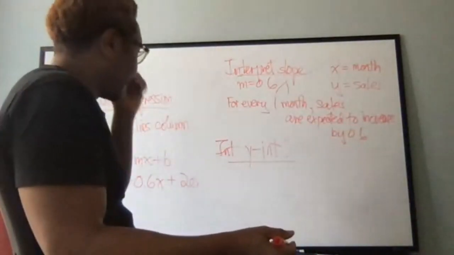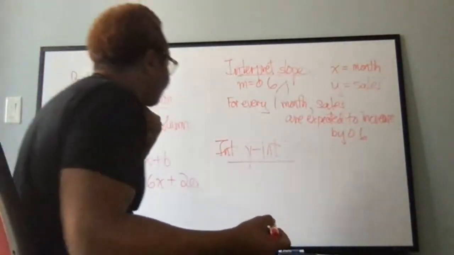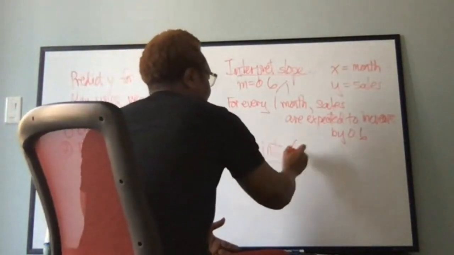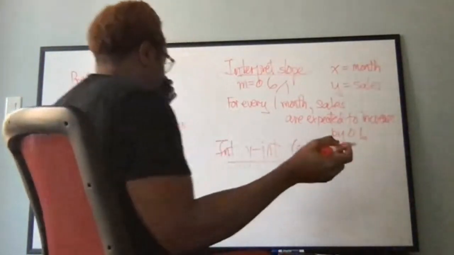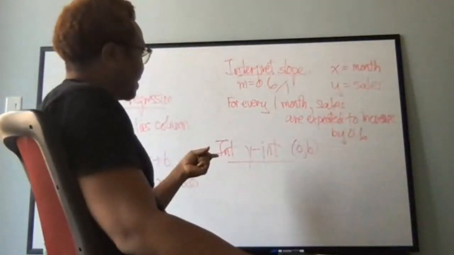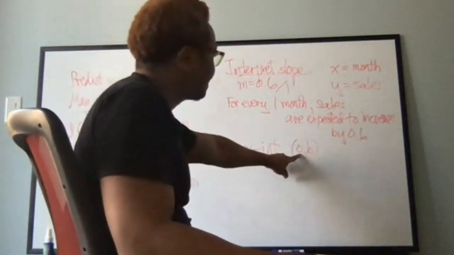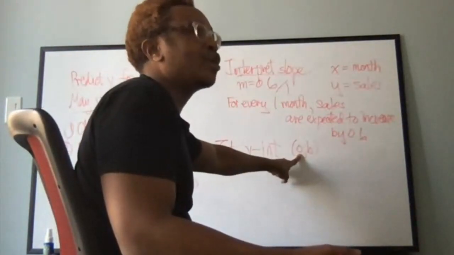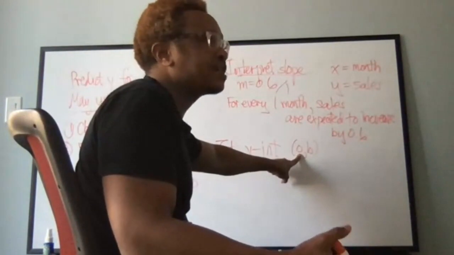Now, interpret the y-intercept. Well, the y-intercept is still b. It's still (0, b). But interpreting the y-intercept here, ordinarily we said something like when there are no visits, or when there is no such and such.